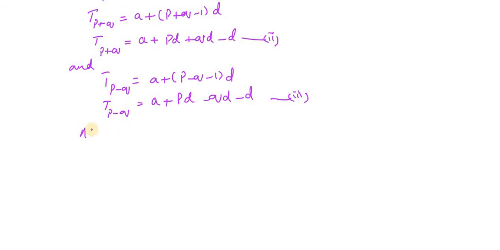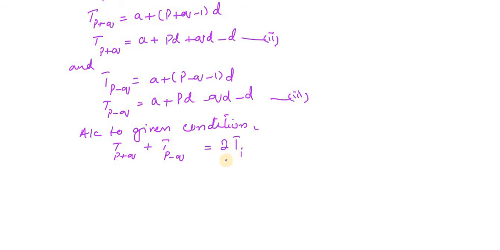According to the given condition, the sum of the (p plus q)th term and the (p minus q)th term is equal to twice the pth term. This is our given condition.